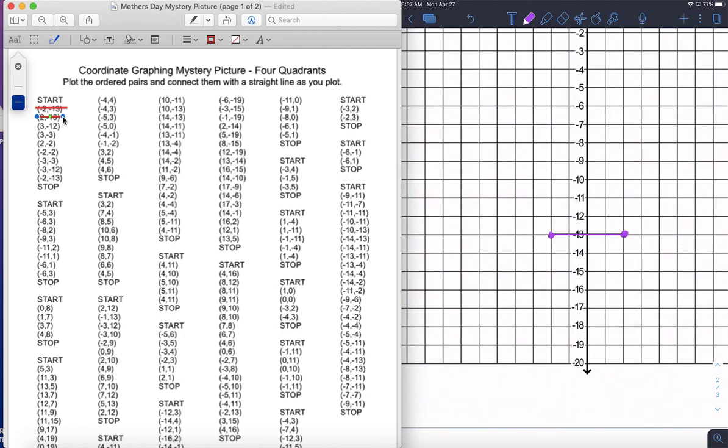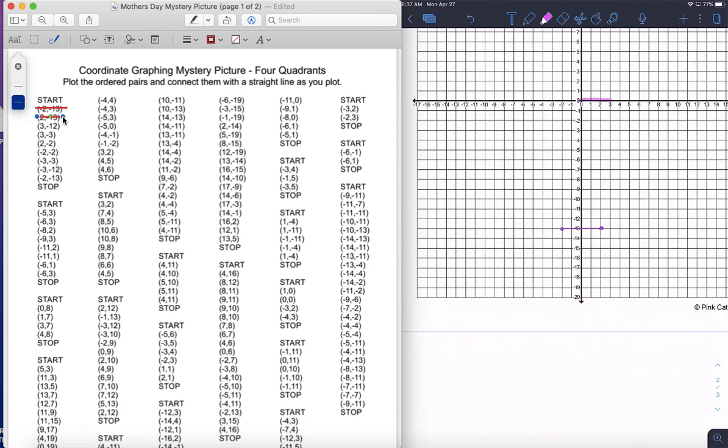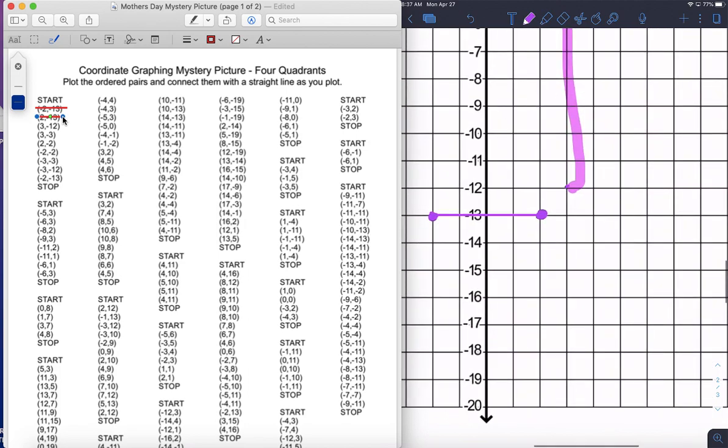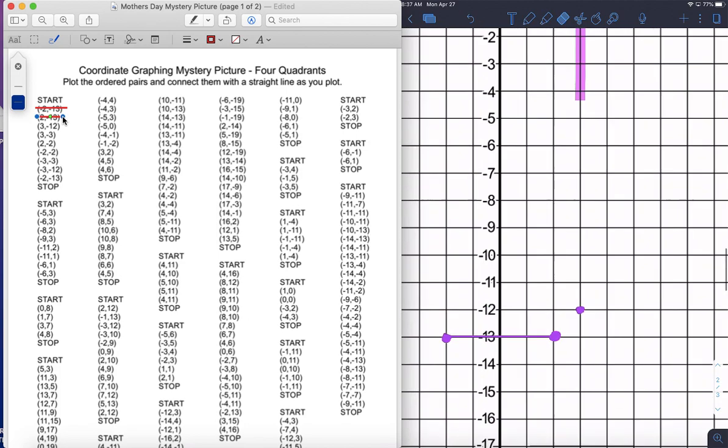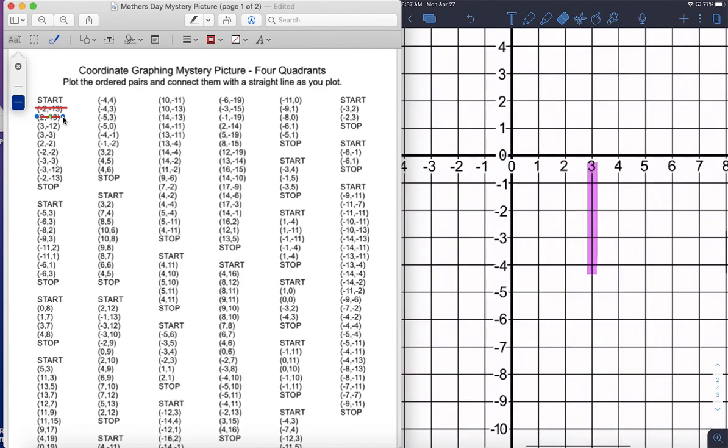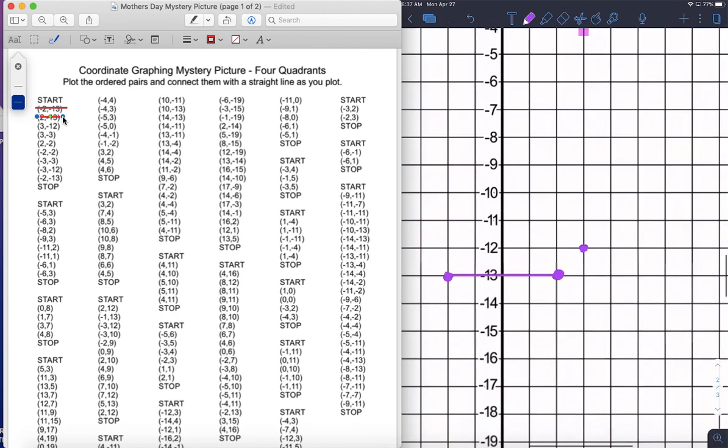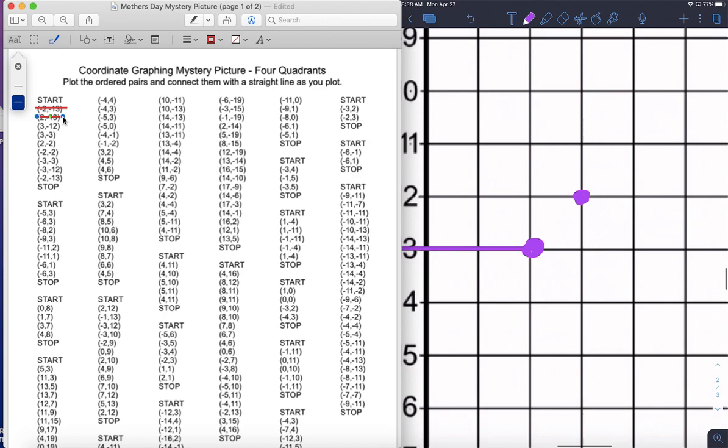Now I'm going to go to the next one, +3, -12. So this time I'm going over 3, down 12, and my point should be right there. Again, I'm going to delete that because I don't want any of that there. And then I need to connect it to the last dot I drew.